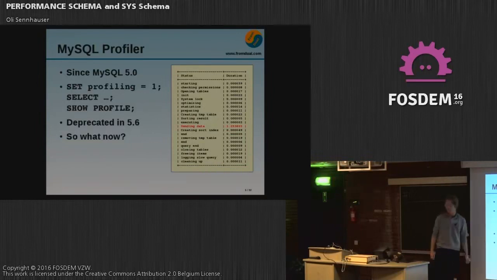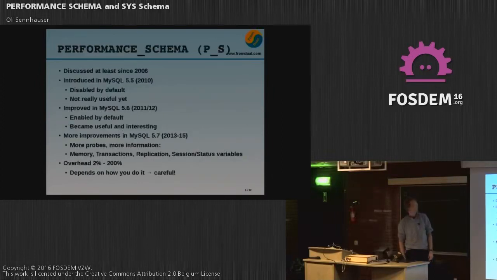And then in MySQL 5.6, show profile, or the profiler, was deprecated, so what's now? Performance schema. The first time it was at least discussed was in 2006. It was introduced in MySQL 5.5 in 2010.